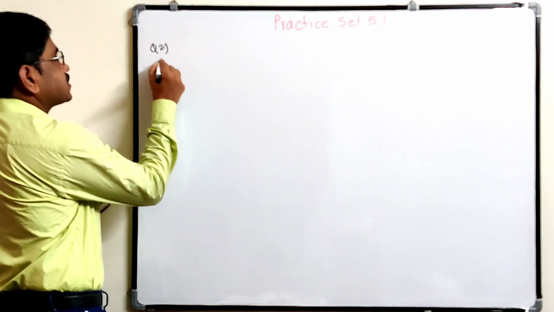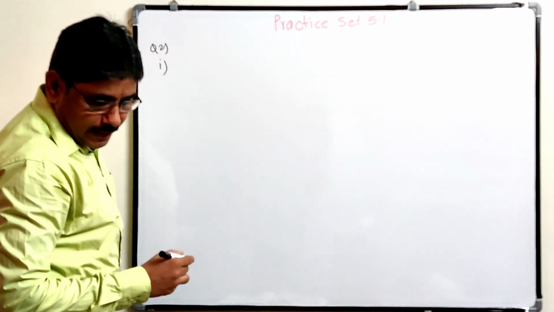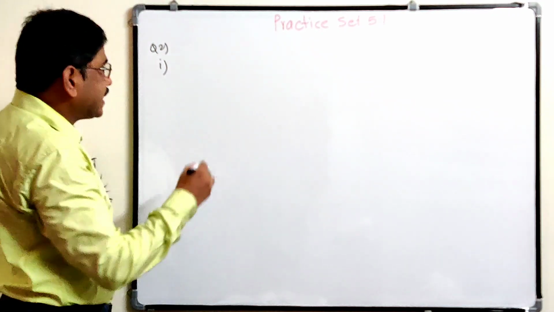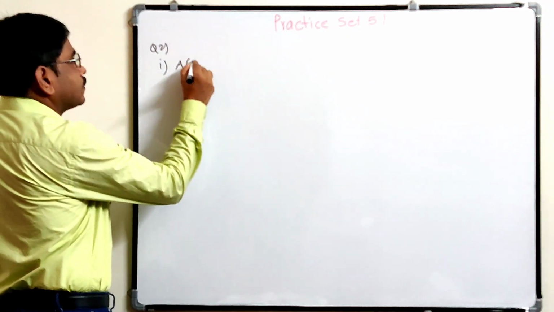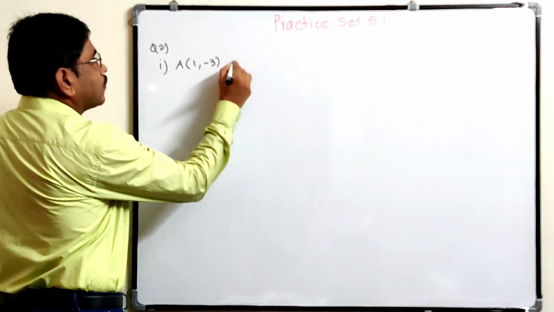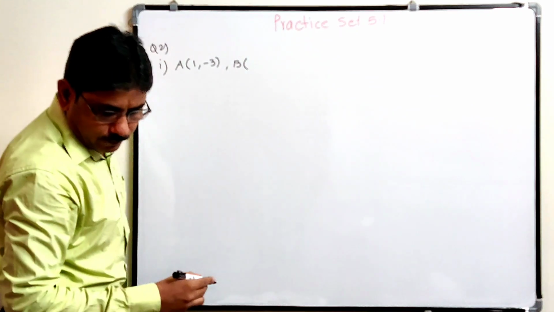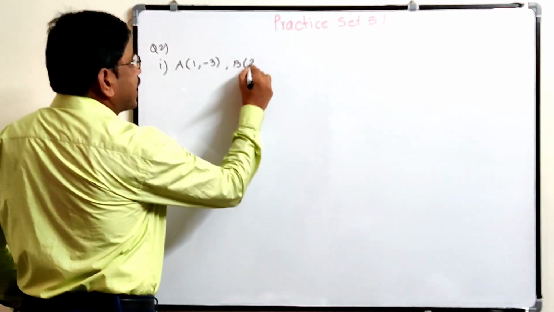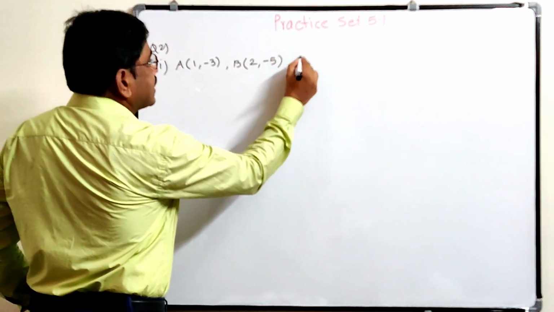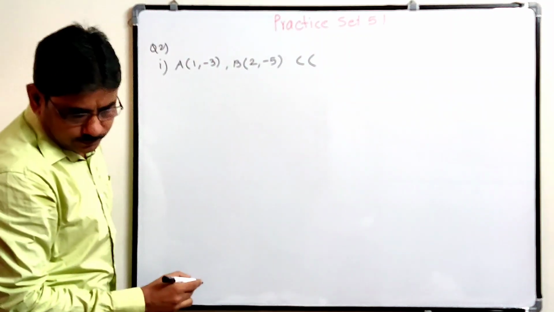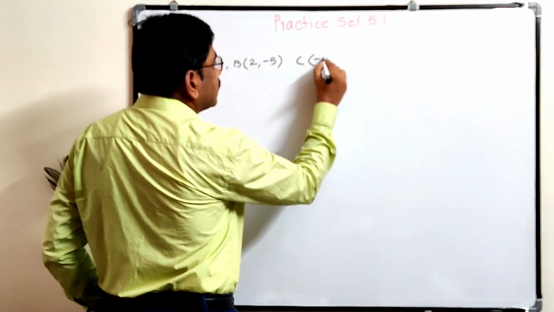The first sum is point A is (1, -3), B is (2, -5) and C is (-4, 7).